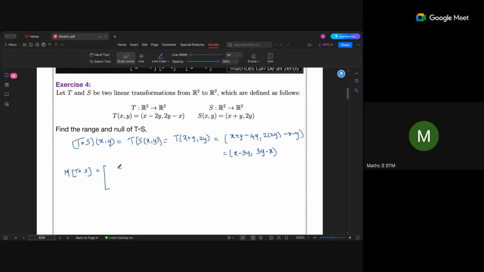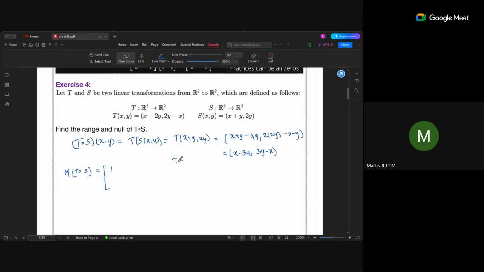What is the first column of the matrix? One minus three. No. I'm asking the first column, not row.